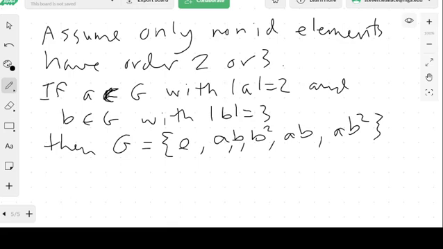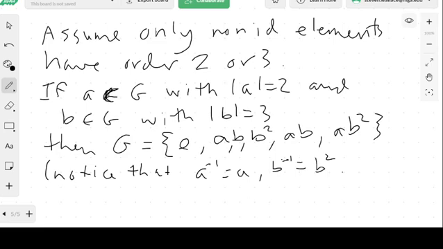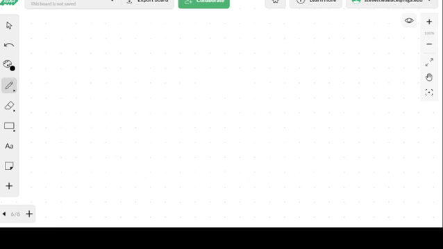Okay, notice that A inverse is A, B inverse is B squared, and both have the same order as their inverses, right? Okay, so there are 2 cases.